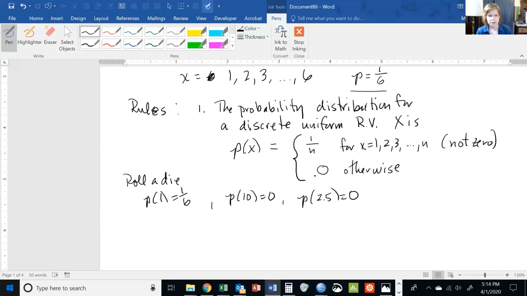All right. So rule 2 is about the mean. The mean, which is mu, is actually equal to the median as well, and the formula is n plus 1 over 2.